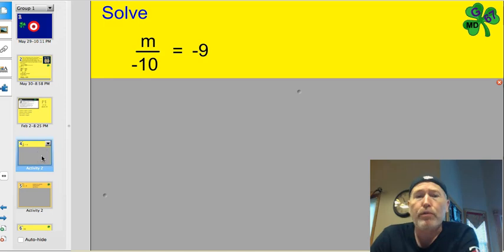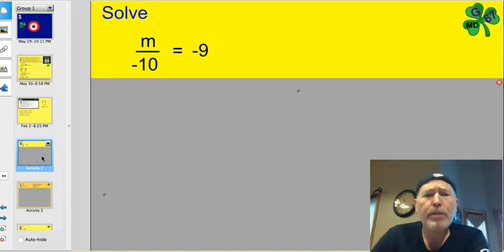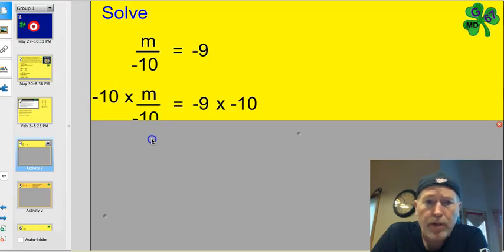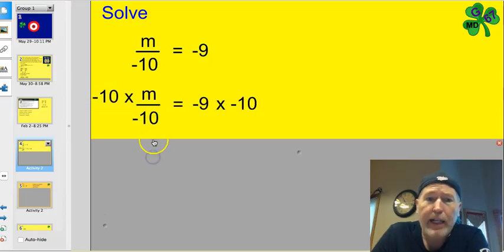All right, let's go through a few of these. We'll start off with the division equation. m divided by a -10 equals a -9. I like to think of this as something divided by a -10 equals a -9. So first thing I'm going to do, I got to get rid of this -10. So this is really like a -1/10.